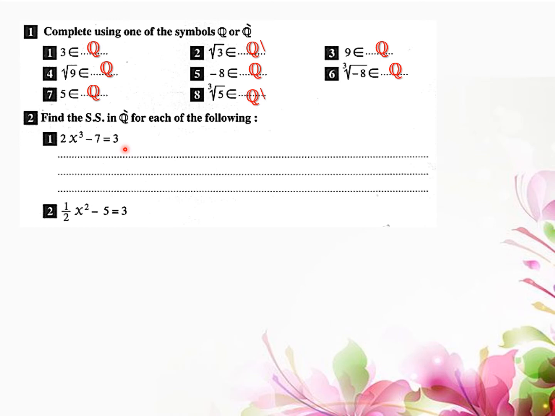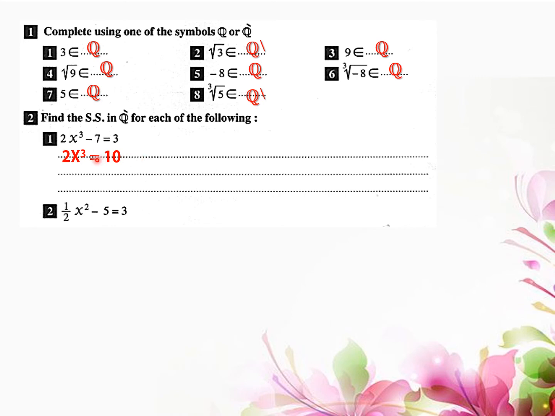To solve this equation, we will move negative 7 to the right side by inverse operation. So it will be positive 3. Then 2x power 3 equals 3 plus 7, 10.